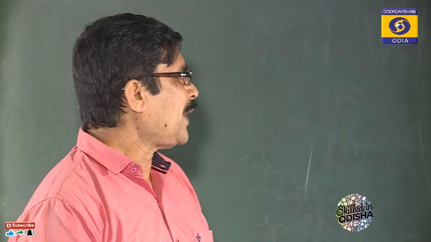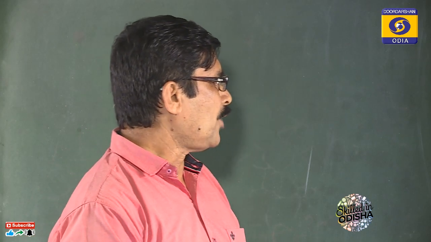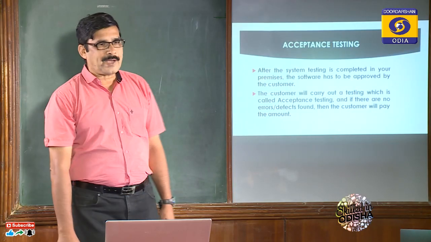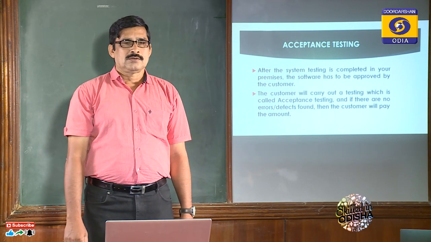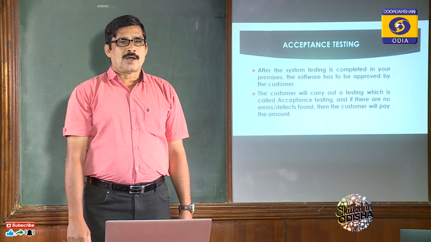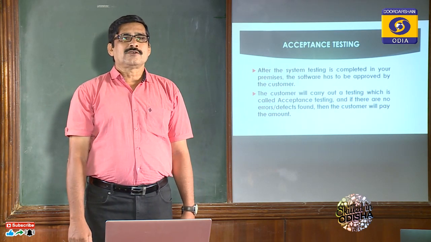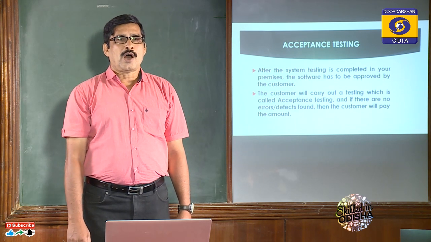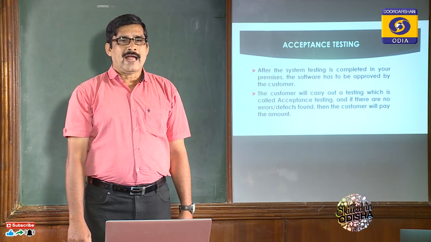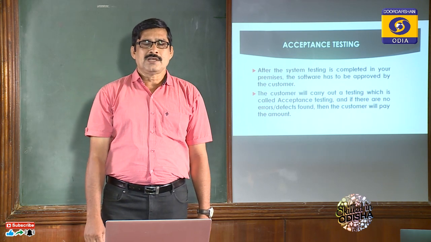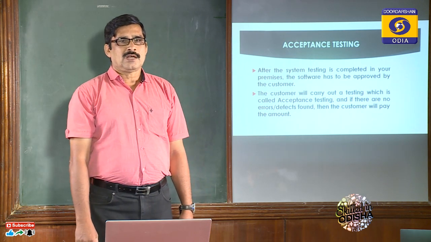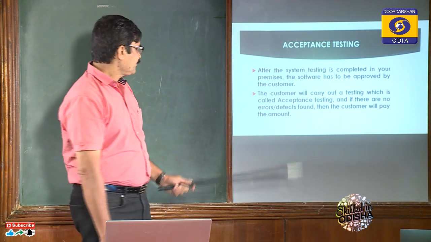That means it is first tested in the production center, then the software has to be approved by the customer. That means the software is sent to the customer for testing and he must be satisfied with the software design.